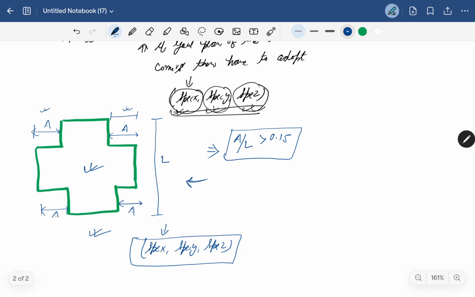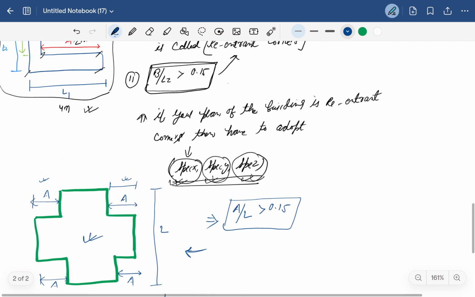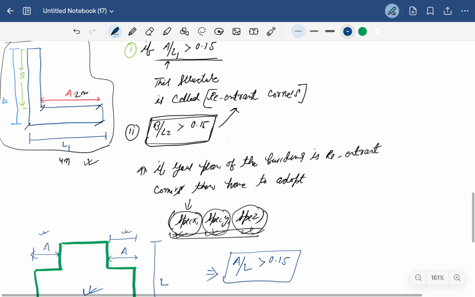So I hope you got what a reentrant corner is, because it is very important. In some areas you may have seen that structures have been constructed with this type of plan. In this case we generally adopt the reentrant corners process and three-dimensional dynamic analysis.